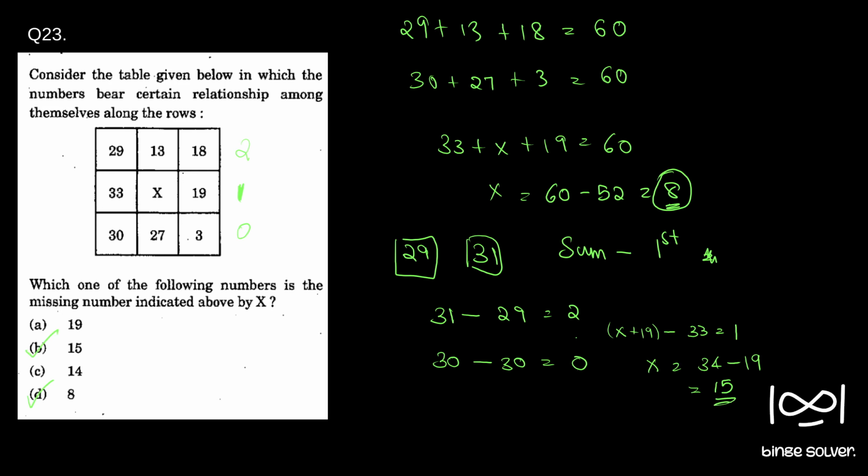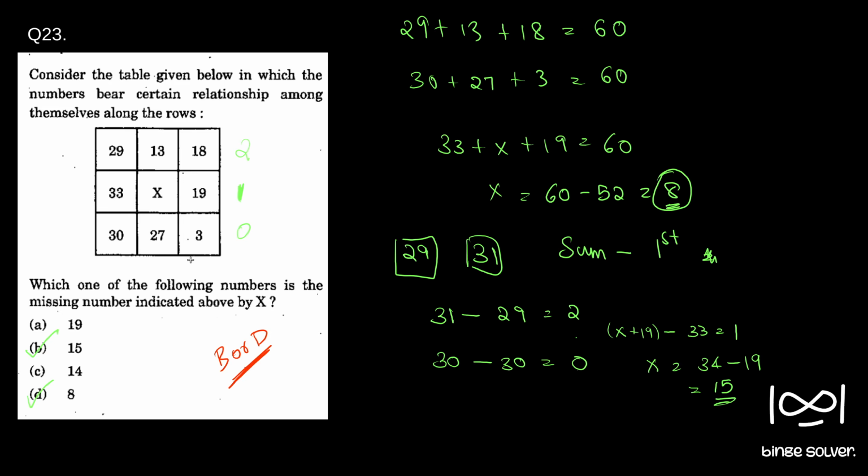In the official UPSC key, it was given B or D. So both are marked as answer by the official UPSC key. The first one uses a simple logic: the sum of three elements is 60 in the first and third row. So we can definitely apply that logic in the second row, which gives 8 as the answer.